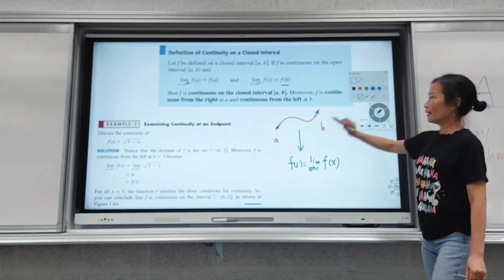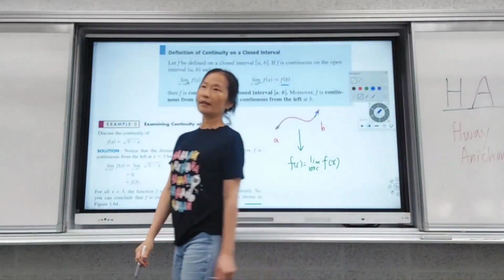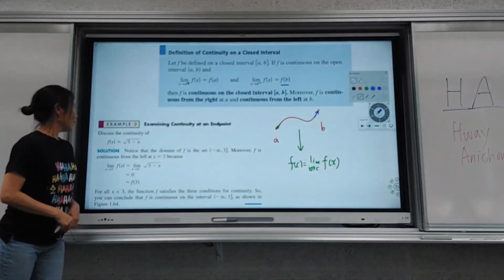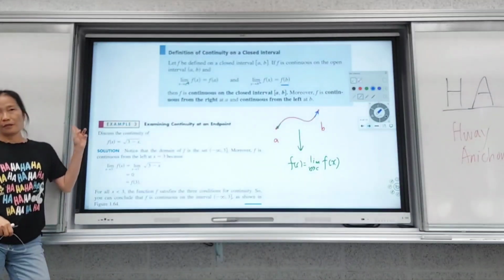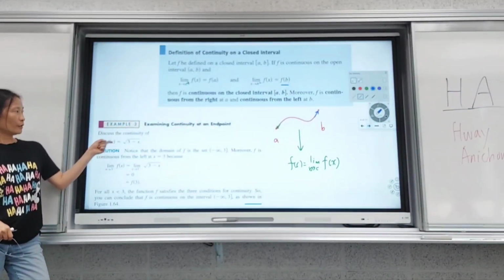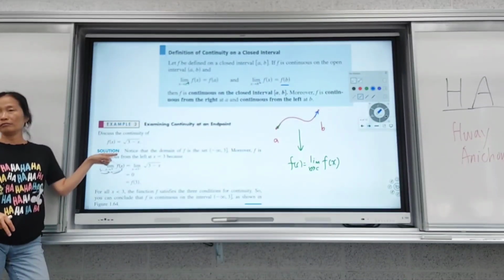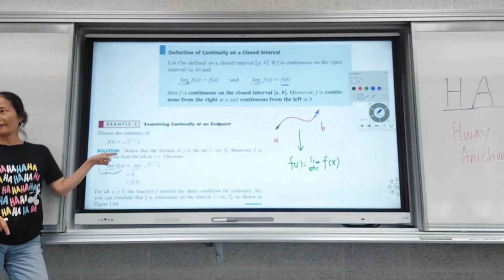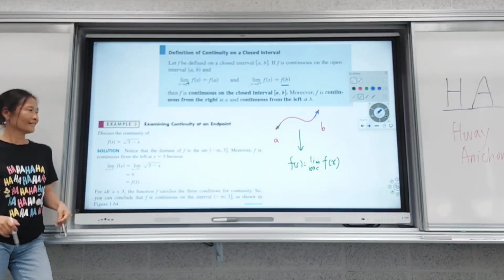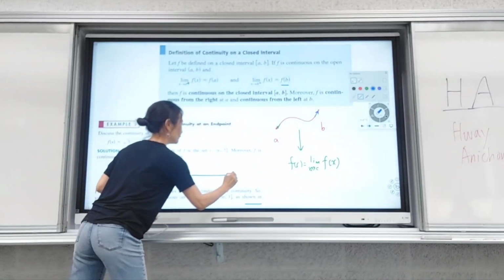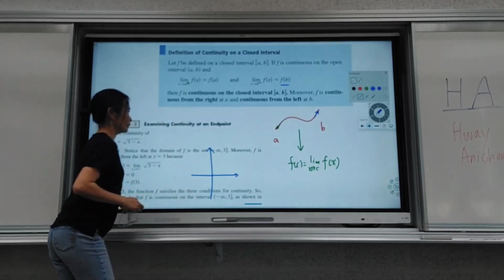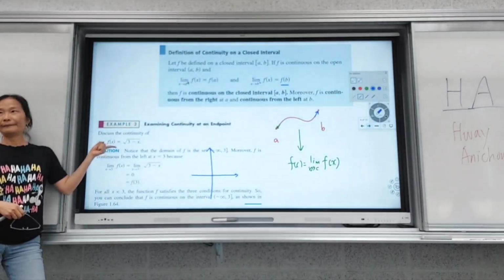All right, so the example here, I'm just gonna quickly go through this. My function f is a radical function, square root of 3 minus x. Where is my 0? Can you sketch the graph? Find 0 for me.